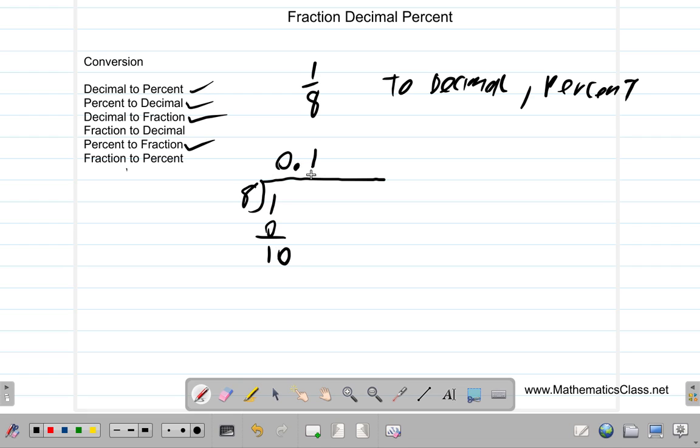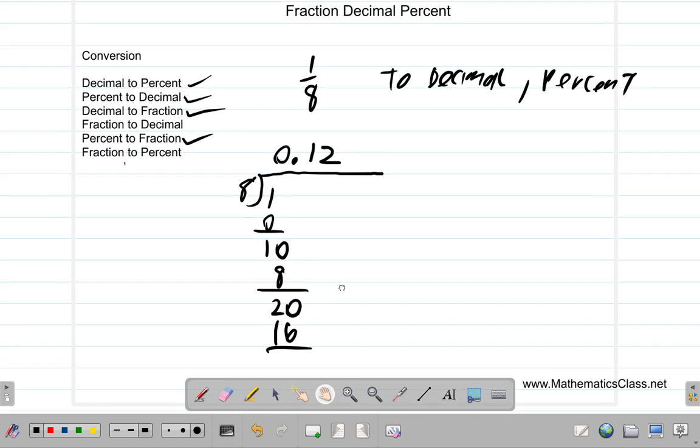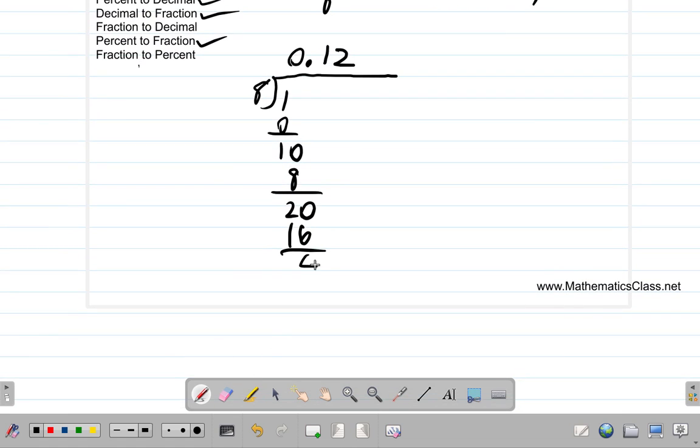You have 1 eight in 10. 10 minus 8 is 2. Multiply by 10, you get 20. 8 into 20: how many 8s in 20? 2 of them. 2 times 8 is 16. 20 minus 16 is 4. Multiply by 10. 8 into 40 is 5. 5 eights are 40. 40 minus 40 is 0.